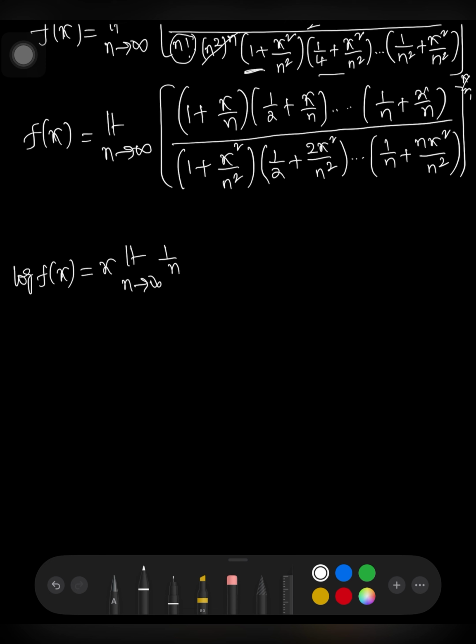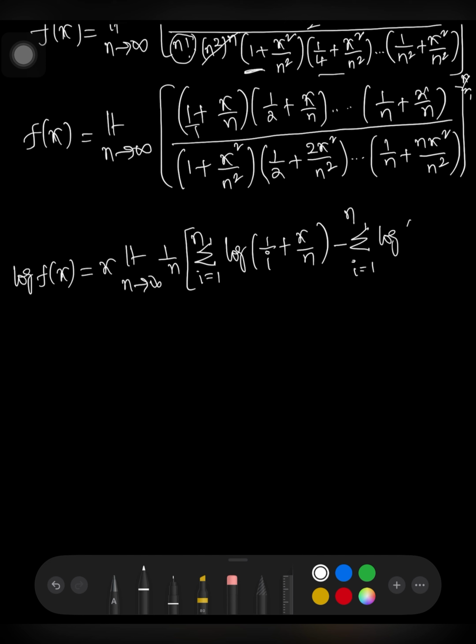Now if I apply the logarithm, log of a by b is log a minus log b, and multiplication becomes summation. Sigma i equals 1 to n of log of (1 by i plus x by n), because here it is 1 by 1, 1 by 2, 1 by n and so on, minus the second term, sigma i equals 1 to n of log of (1 by i plus i x square by n square), since the multiples are 1, 2, 3 and so on.